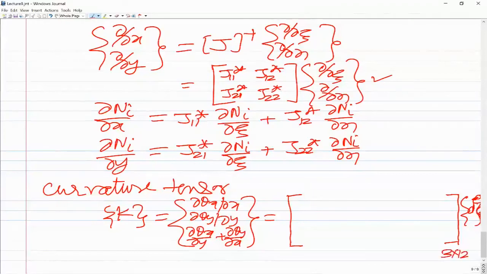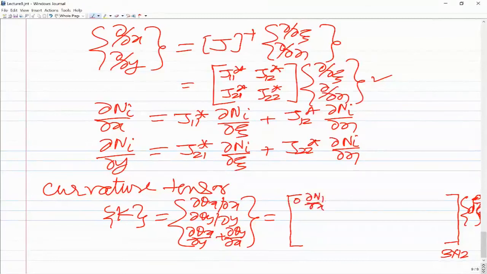And now, del theta x by del x. In the degree of freedom vector, first we have w, then theta x, and then theta y. So we will write that as 0, 0, then del N1 by del x, so that we get del theta x by del x is going to be del N1 by del x into theta x1 plus del N2 by del x into theta x2 plus del N3 by del x into theta x3 plus del N4 by del x into theta x4.